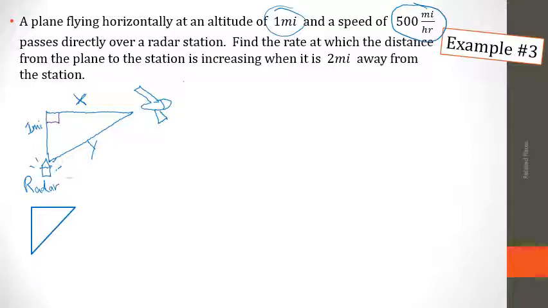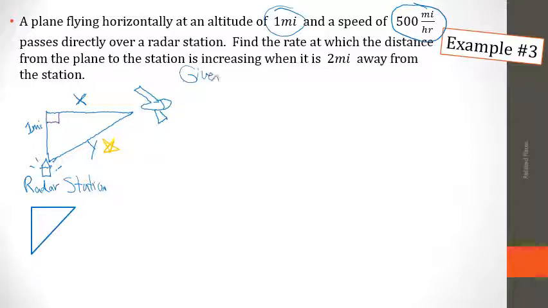It says find the rate at which the distance from the plane to the station, which is this y distance down here, is increasing when it is 2 miles away from the station.